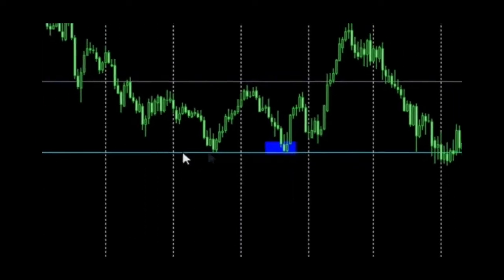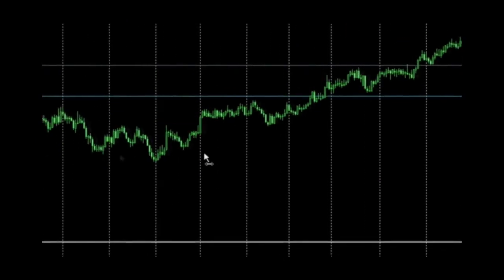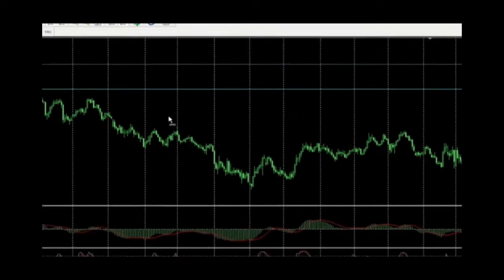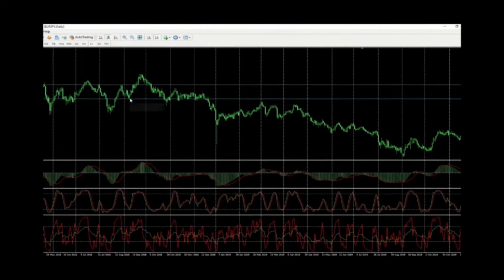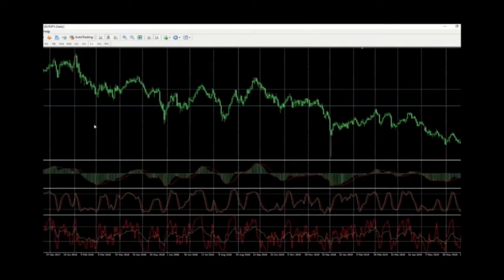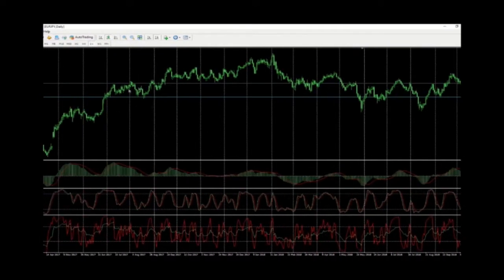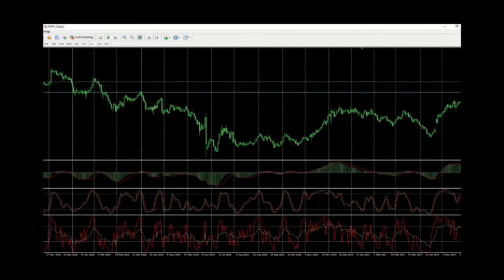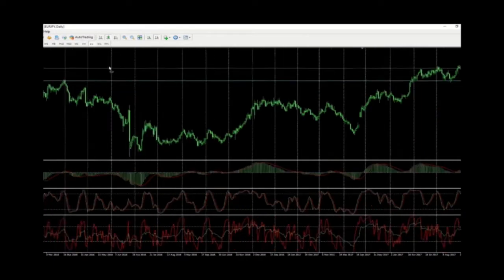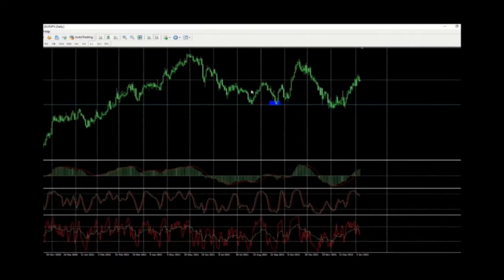So I drew my line right there. And then I went into the past to see if they would have touched that zone, which they did here. Touch, went up, and here once more, and here again. Okay, so I waited for the market to come to that level.